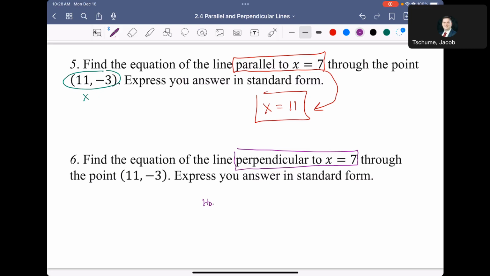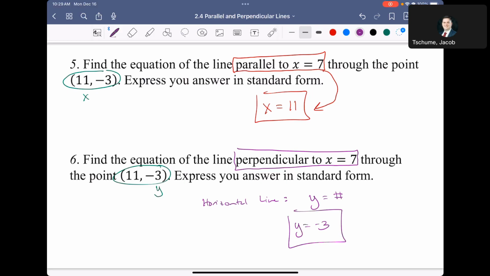So if we're trying to write a horizontal line, because that's perpendicular to the vertical line, horizontal lines always have the form y equals a number. And if you look back at the same point that they gave us, the only y value in this problem is -3. So if I plug the -3 in, you will have y equals -3 as the line that is perpendicular to the vertical line that's given.